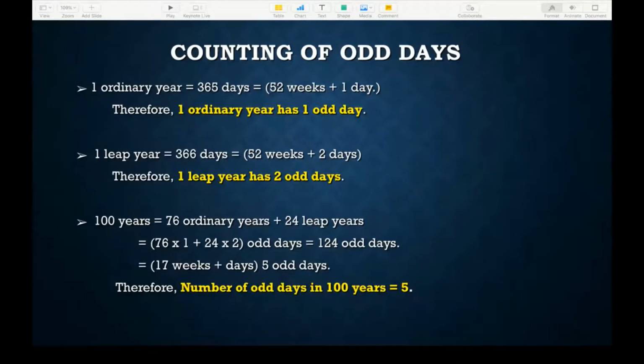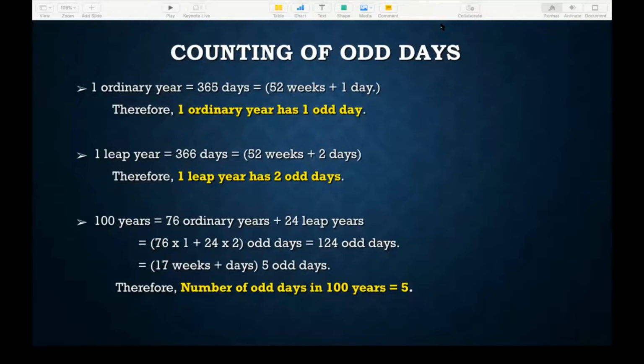Now coming to 100 years. I am considering the first 100 years of our calendar, from 0001 to 0100.